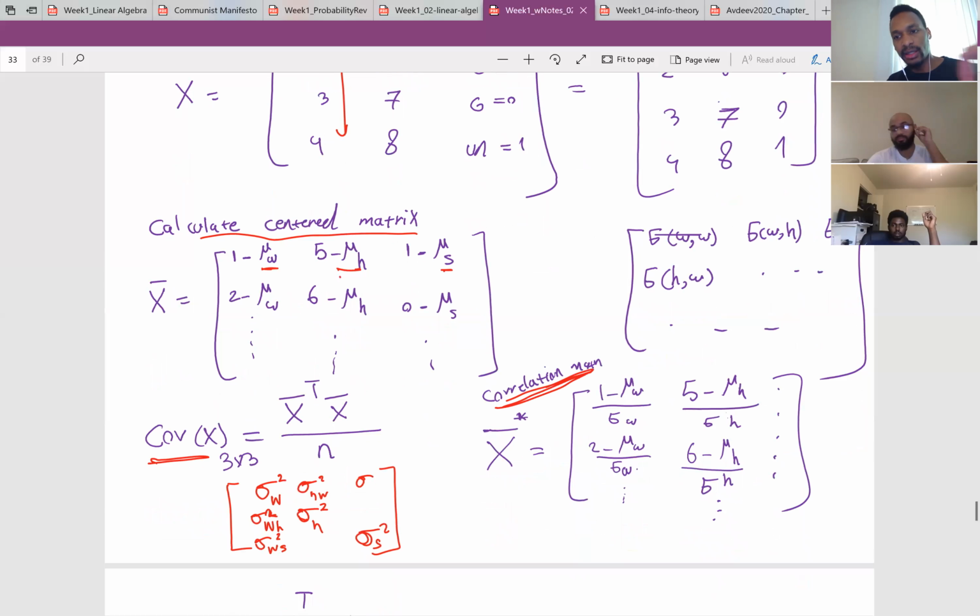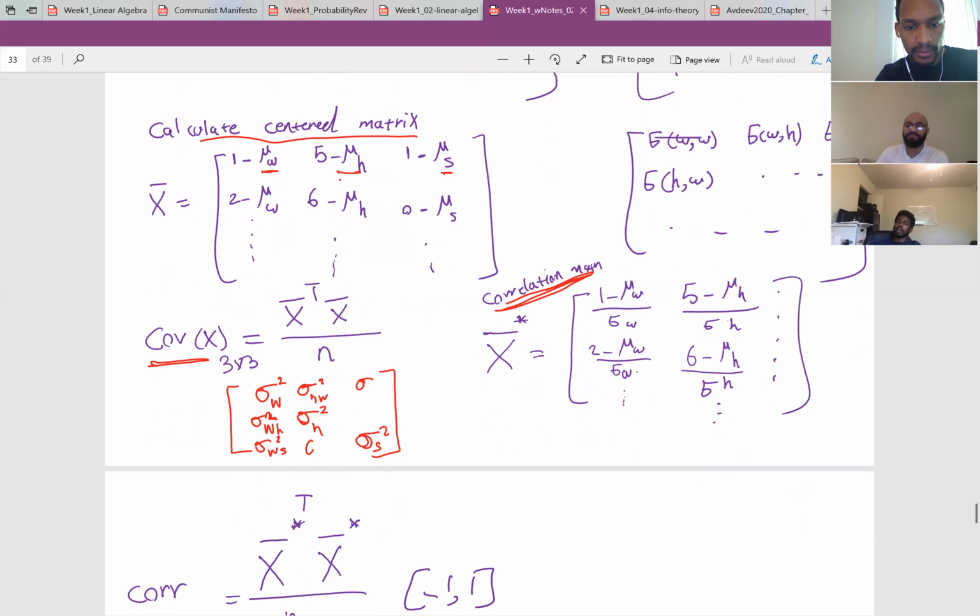I think he's just trying to build up to a future concept called principal component analysis. But it seems like correlation is just the same thing as covariance, except you're centering the matrix first, I think. But I think covariance is definitely the more important concept to understand.